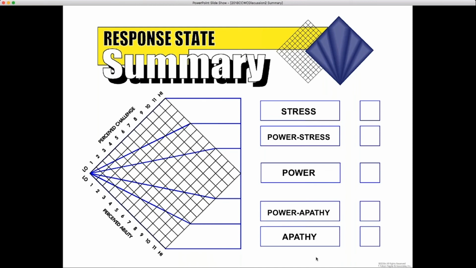Paul, just going back to your example of the exec that has been assigned a coach. When you're in that situation, how do you get them out of power apathy and more engaged in the process? What's been your experience there? They'll usually use the words, "my boss thinks I should," "they told me I need to." And I literally will put my hands up and wave like I'm waving gnats, and I'll say, that's fine.